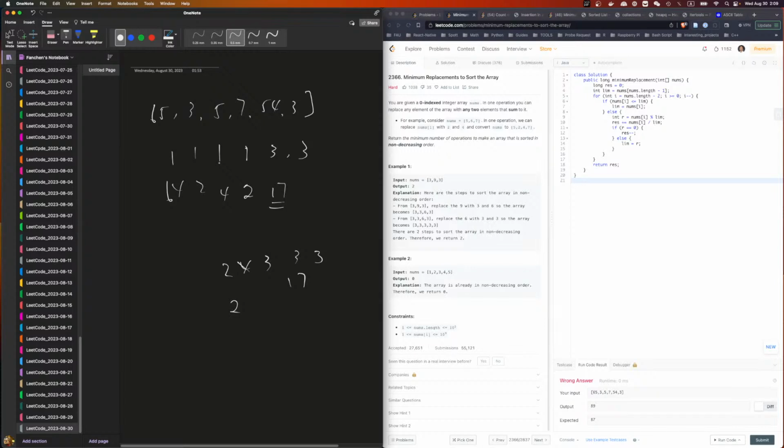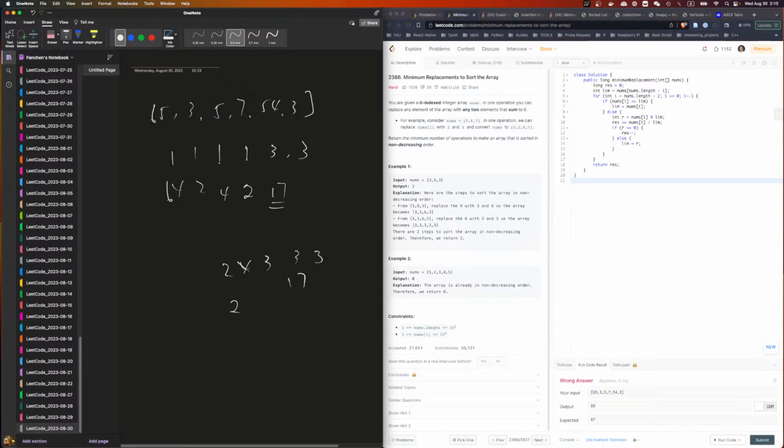Well, the whole point is the current value is bigger than the limit, right? So you can split. Because the whole point is, if you don't split. Now the reason we take away the limit is because if you take it away, the remainder is still going to be bigger, right?